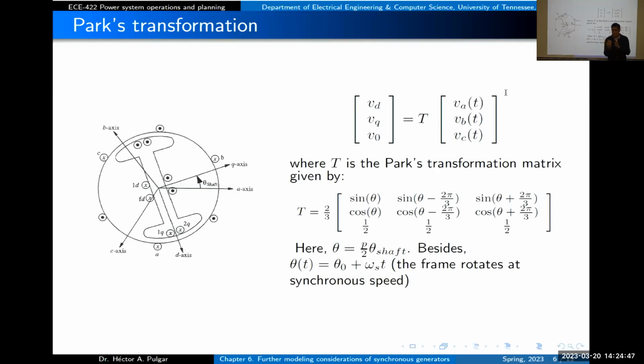The same thing for current. How do you get power in the ABC frame? You just pick voltage VA multiplied by current IA, plus voltage VB multiplied by current IB, plus voltage VC multiplied by current IC. That's how you calculate the instantaneous power in that system.